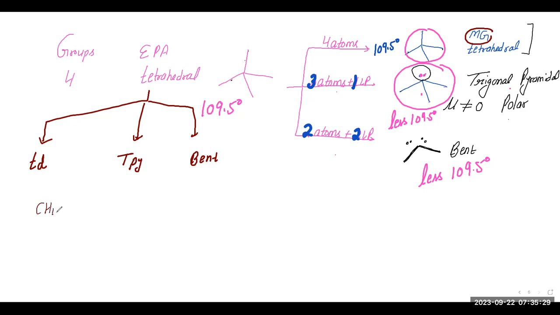CH4. Draw the Lewis dot structure. Center atom. Skeleton. Total valence electrons. 4 plus 4 times 1, 8.